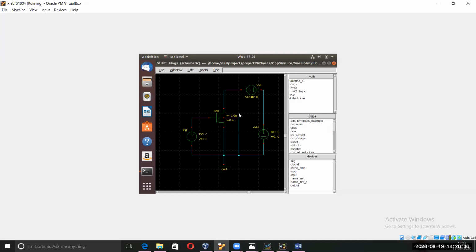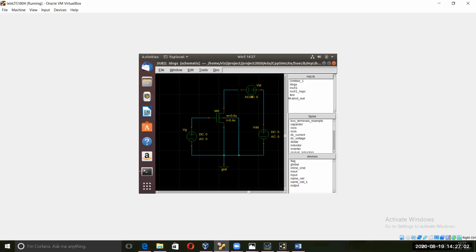This was the schematic that sir explained in the last class, and I have done it like that. I've pulled a voltage source here, the VG. Then I pulled another voltage source, this is the VGD. Then this is the SCN MOS N4 with the specifications I have set.